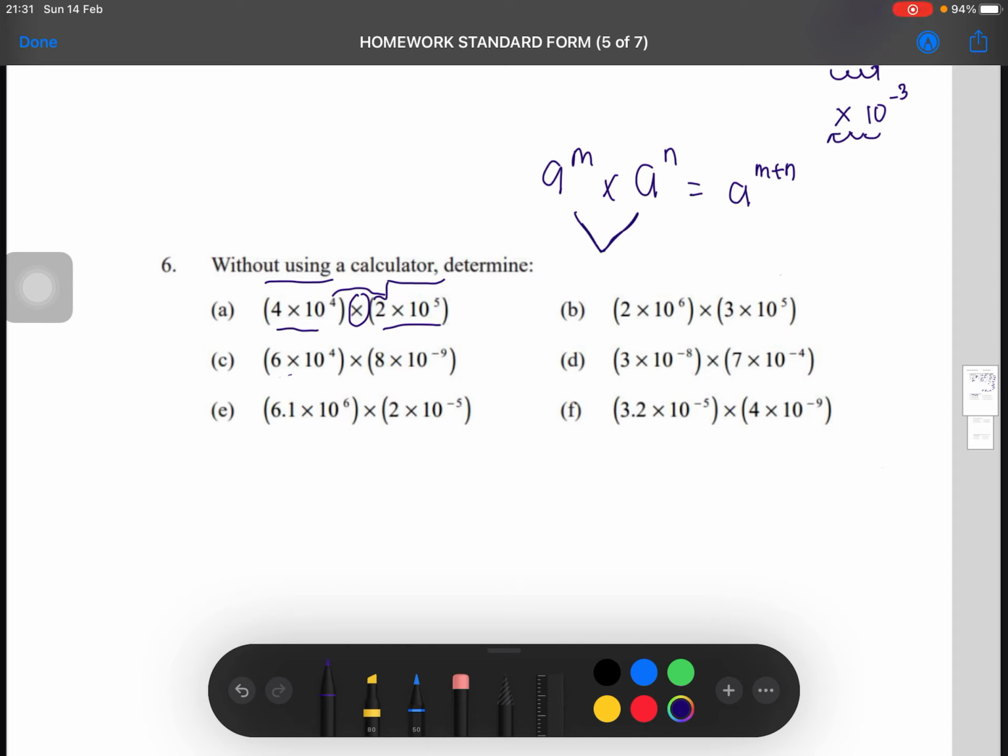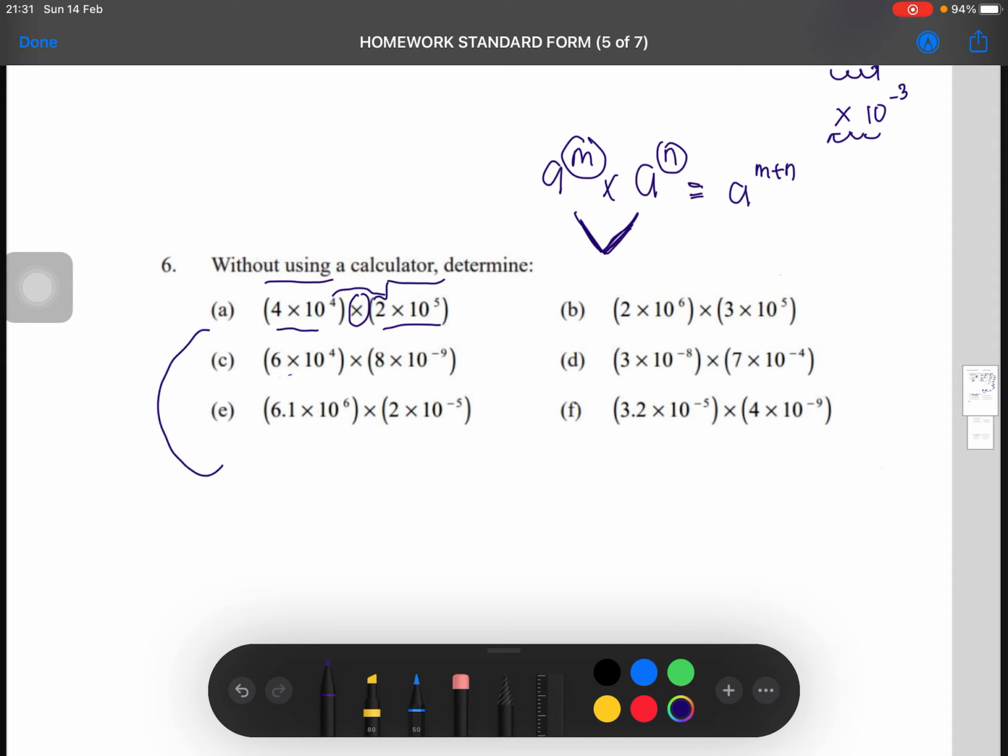Because the bases are the same, we can simplify by adding up the powers, m plus n. Same here, this question applies the first law in indices.